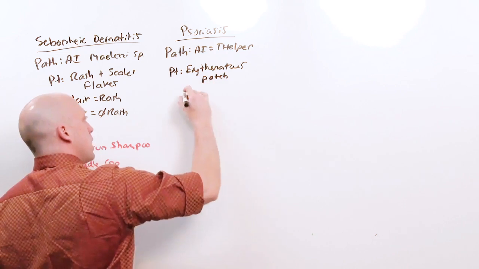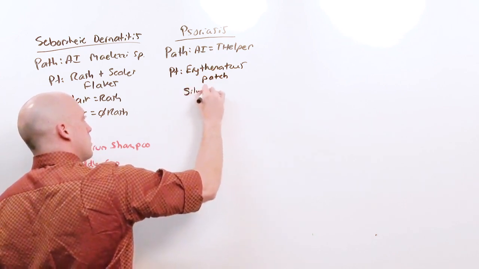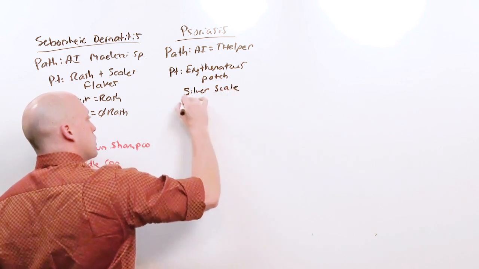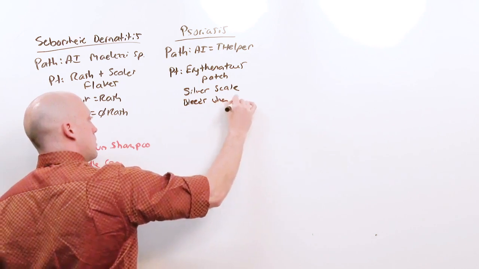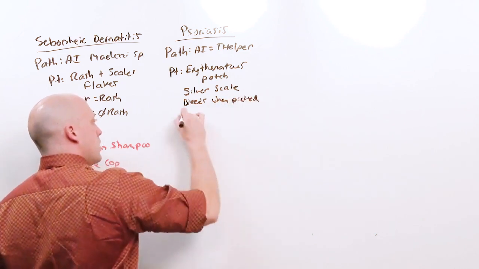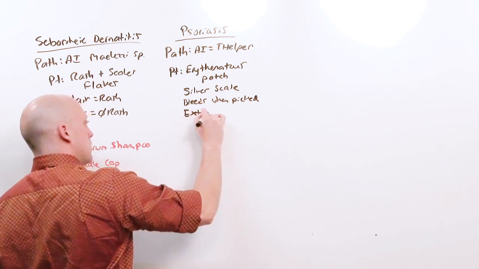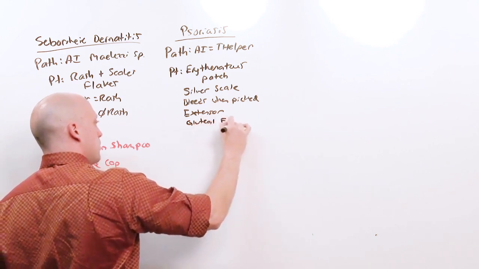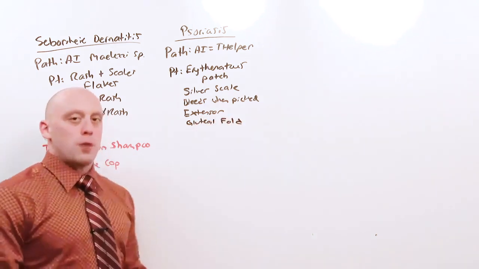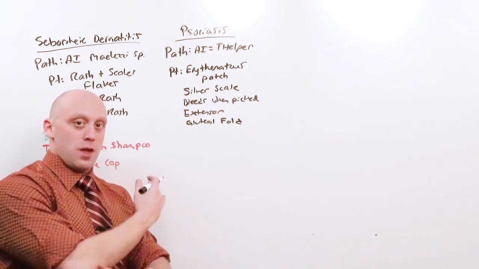And on that erythematous patch is going to be a silver scale that bleeds when picked. Look for it on the extensor surfaces and the gluteal fold. It can be elsewhere, but they're probably going to show you a picture of the wrists or the elbow.